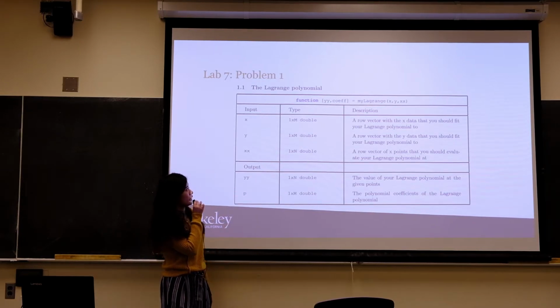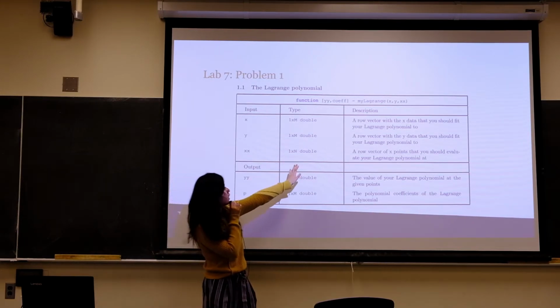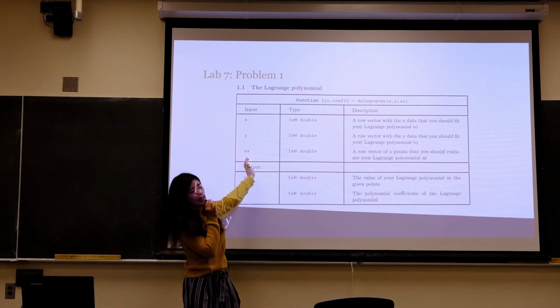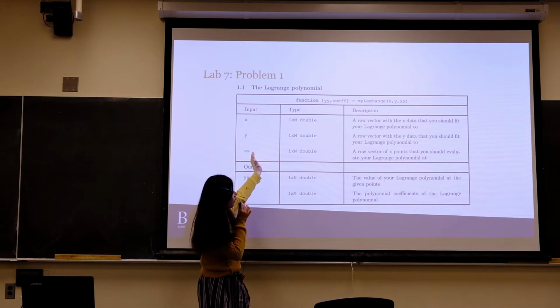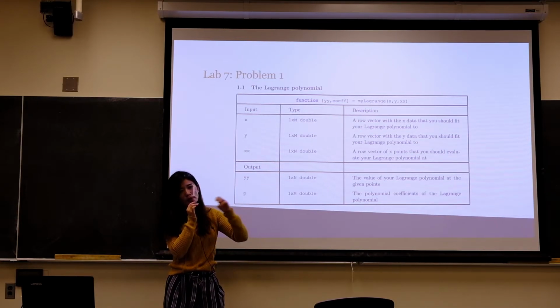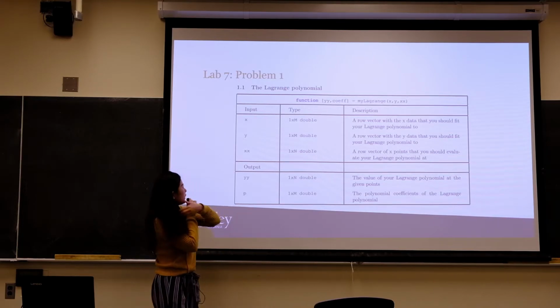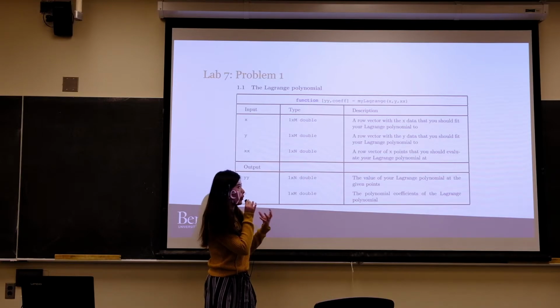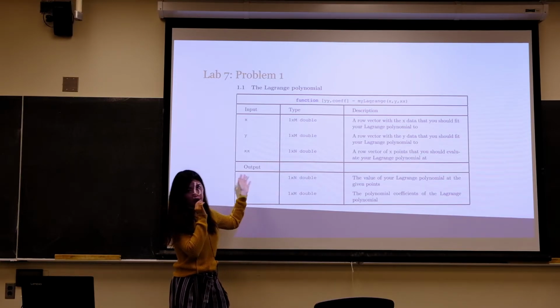The function has 3 inputs, x, y, and xx. x and y are the x and y coordinates of some known data. Then xx is some x coordinates we want to predict the y coordinates for.